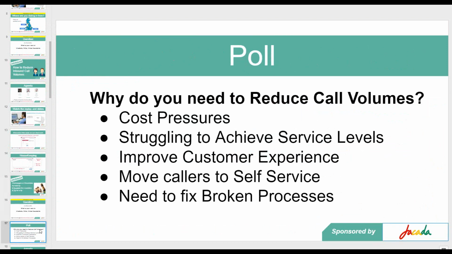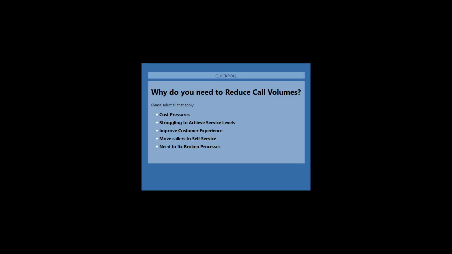Just going to launch a poll before we get going. And I just want to ask the question about why do you need to reduce call volumes? If you'd like to vote, and you can vote on more than one thing, is it cost pressures? Is it because you're struggling to achieve service levels? Is it because you need to improve the customer experience? Is it because you need to move callers to self-service? Or is it you've got broken processes that you need to fix?